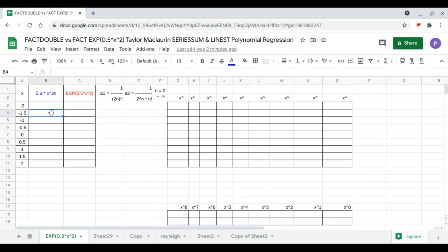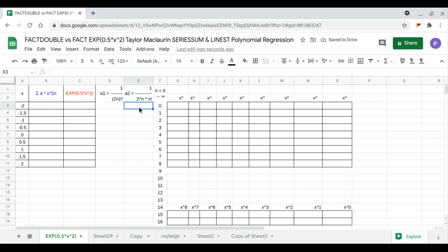So we begin with the Taylor-Maclaurin series sum, which is the summation of a times x to the power 2n, where a can be the double factorial, that is 1 over the double factorial of 2n, or the factorial, which is 1 over 2 to the power n times factorial n. And the value of n is from 0 to infinity. In this case, we can go as far as 16, which is good enough.